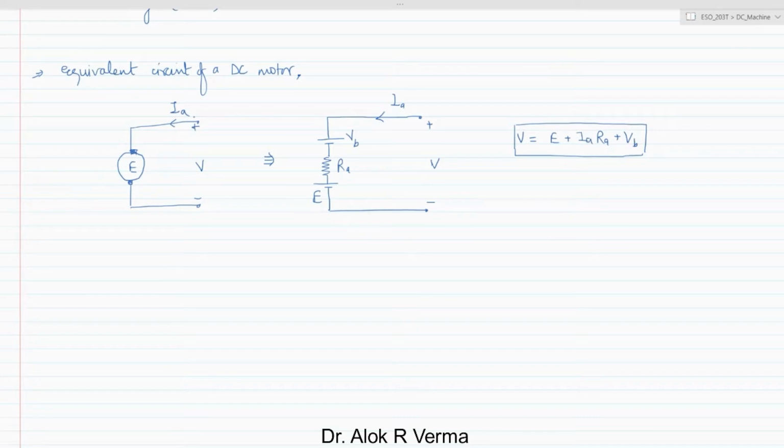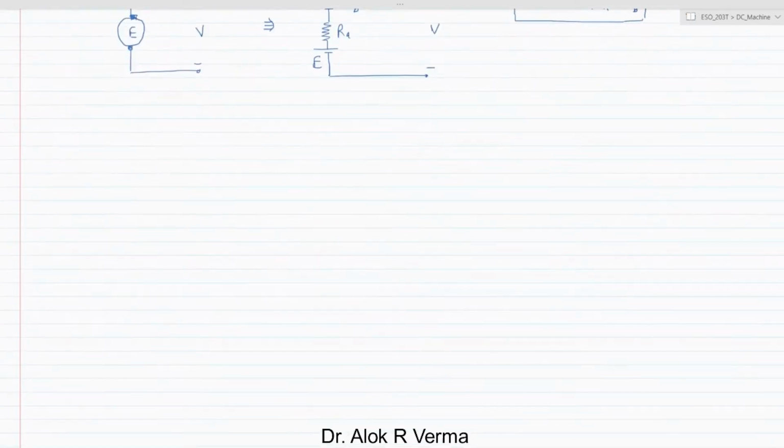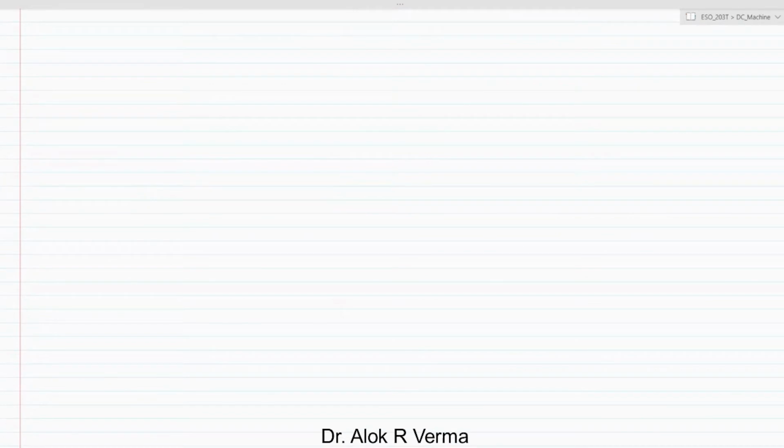So this is the equivalent circuit of a DC motor. Whenever you are given an example to solve, to find the back EMF or the dependent parameters, you can just use this KVL equation. It is a simple single loop circuit. Now the second important term is the torque in a DC motor, so we will try to find the torque of a DC motor.